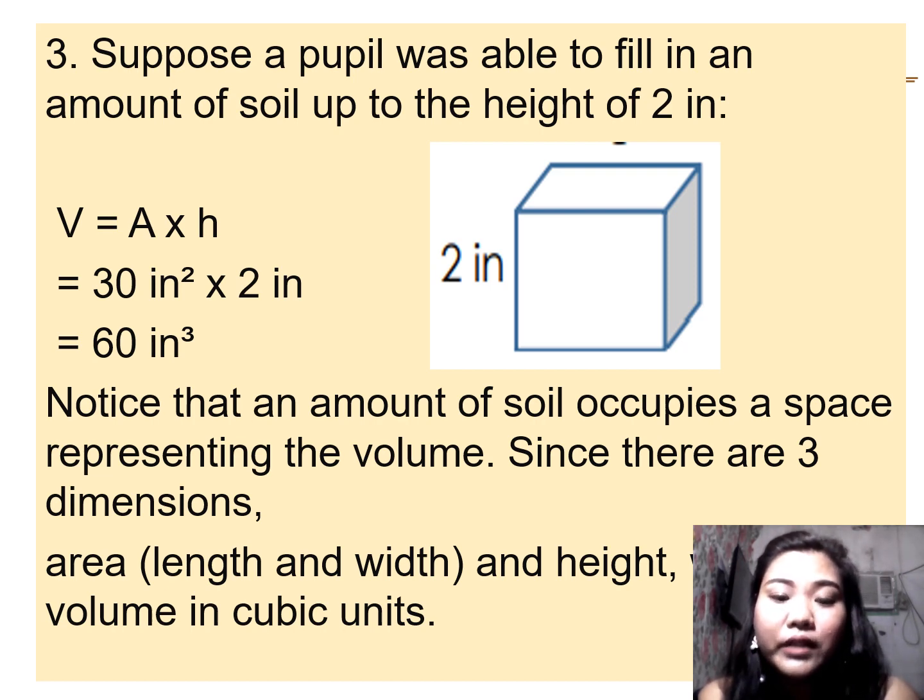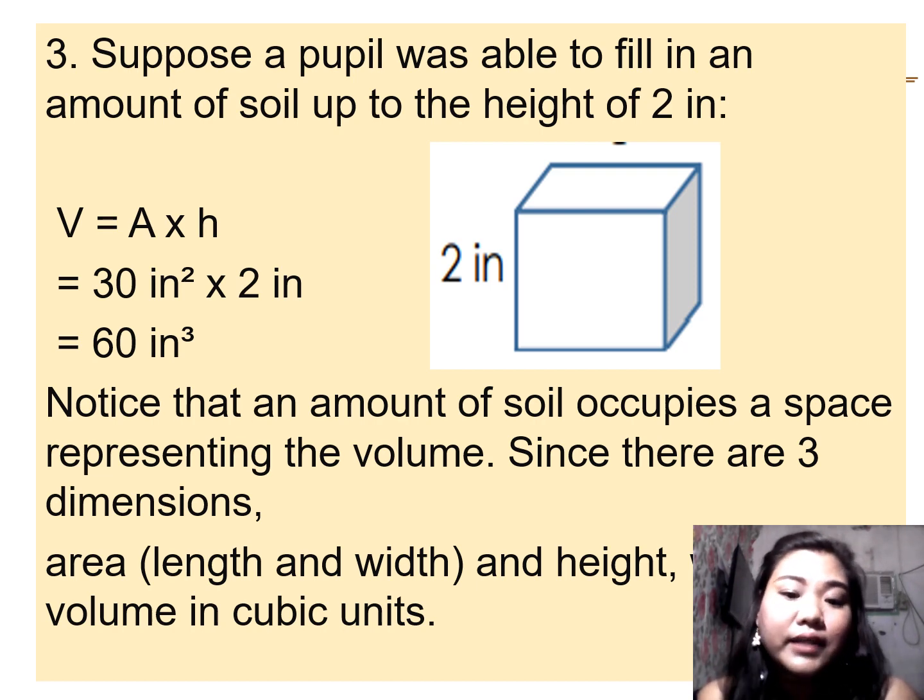So take note, kids, in writing the unit of a rectangular prism or cube, it is in cubic. So cubic unit or unit cube. This is an example of how to write the proper units for a rectangular prism.